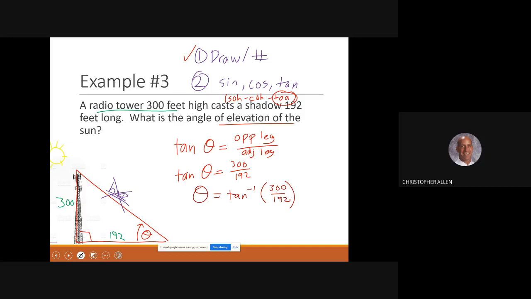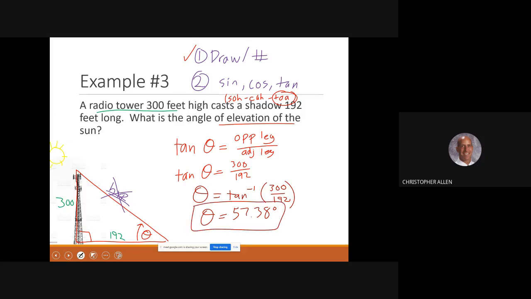So let's go ahead and get our calculators and practice doing that so that we know how to use our calculator. I'm going to do second tangent, 300 divided by 192. Theta is 57.38 degrees.